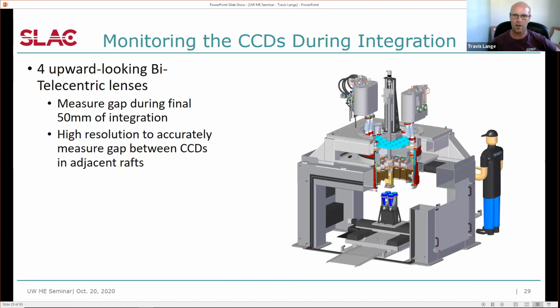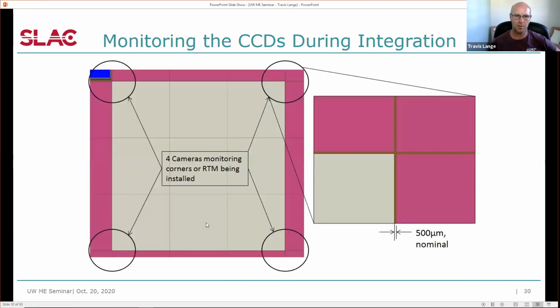So we actually have 4 really large bi-telecentric lenses attached to CCD cameras, looking up at the 4 corners of the raft tower that's being installed. And when we do that, we have something that kind of looks like this, where we look at these 4 corners, and if we look at this corner here, for instance, we can actually monitor this gap here.